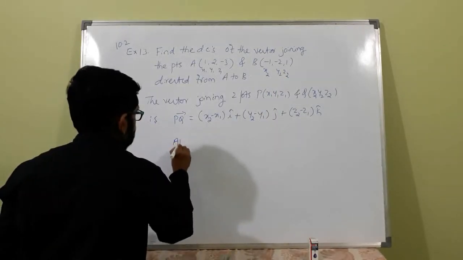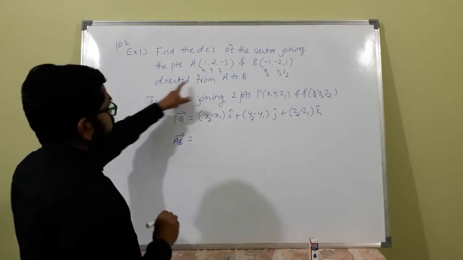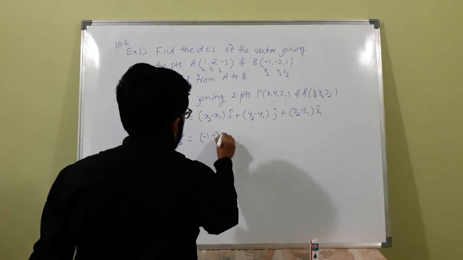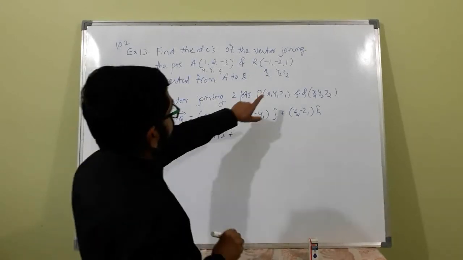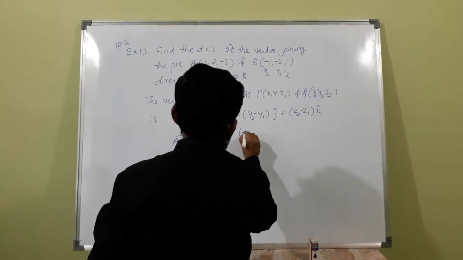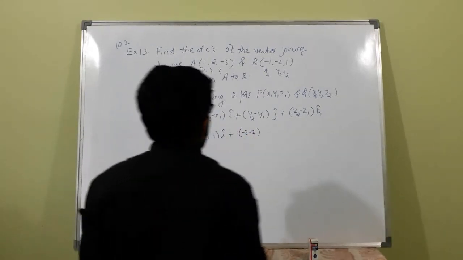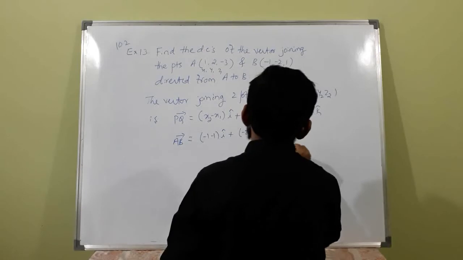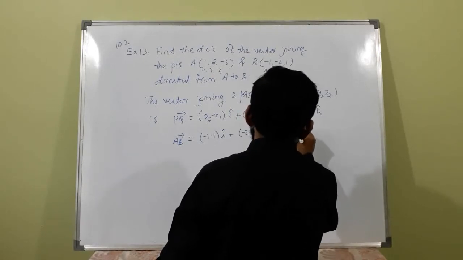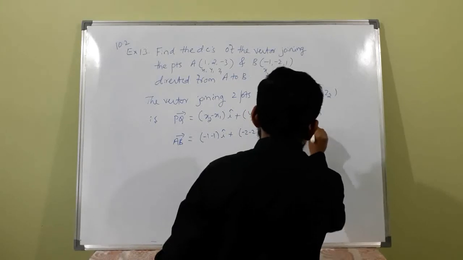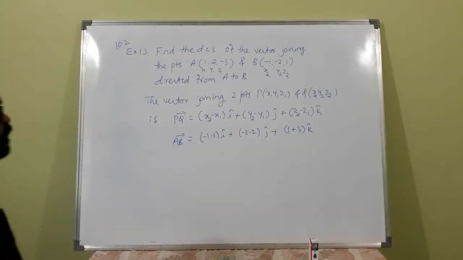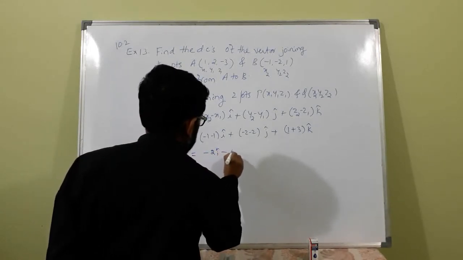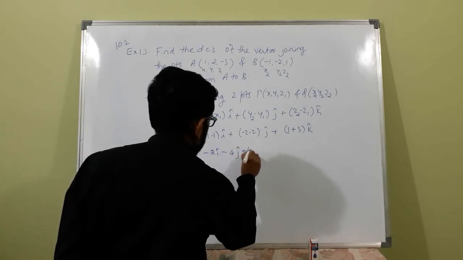Therefore AB directed from A to B means minus 1 minus 1, that is minus 2 i cap, plus y2 minus y1, minus 2 minus 2, minus 4 j cap, plus z2 minus z1, 1 minus of minus 3, this is plus, so 4 k cap. AB is minus 2i cap minus 4j cap plus 4k cap.